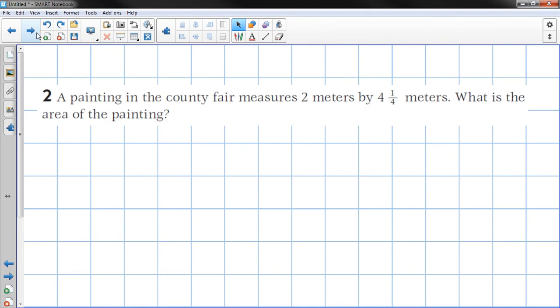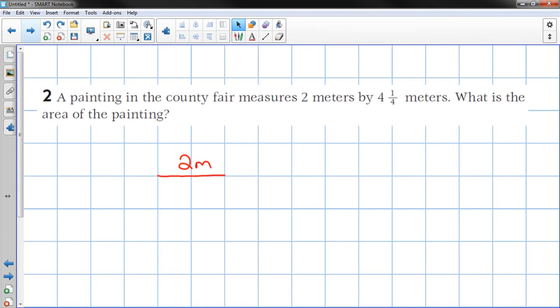Number 2. A painting in the county fair measures 2 meters by 4 1/4 meters. What is the area of the painting? So it's 2 meters by 4 1/4.